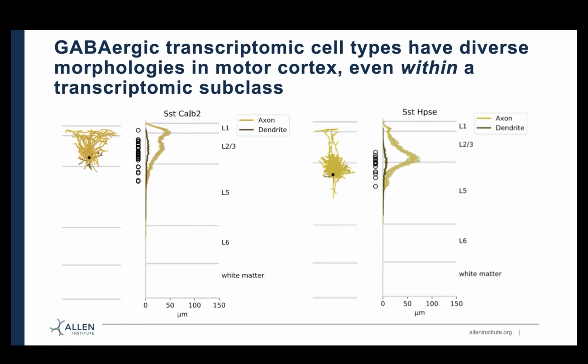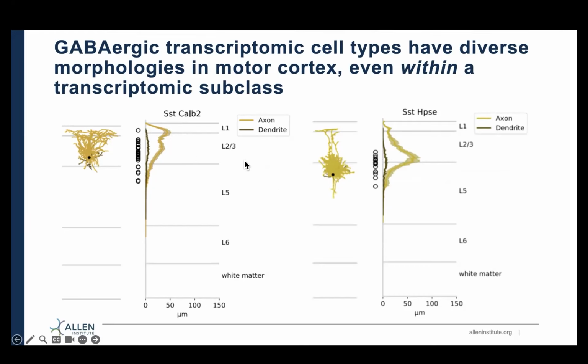So SST Calb2 there on the left have axon primarily located in layer 1, which is a defining feature of Martinotti neurons, and also down in layer 2-3, while the SST Hpse neurons have cell bodies and much of their local axon located at the border between layer 2-3 and layer 5, and then have a very minimal axon up in layer 1.